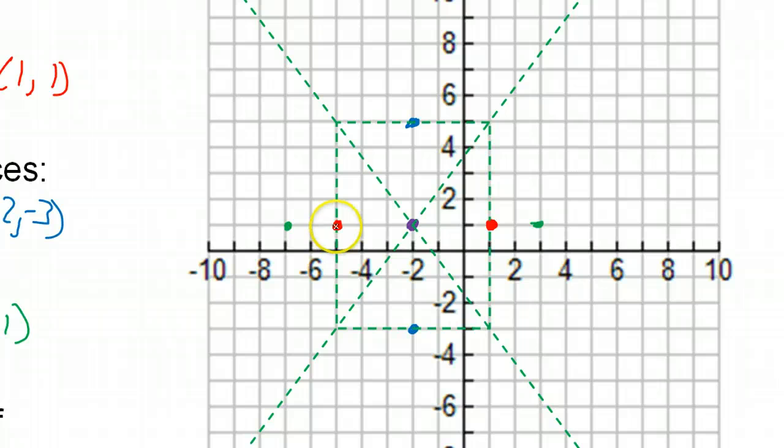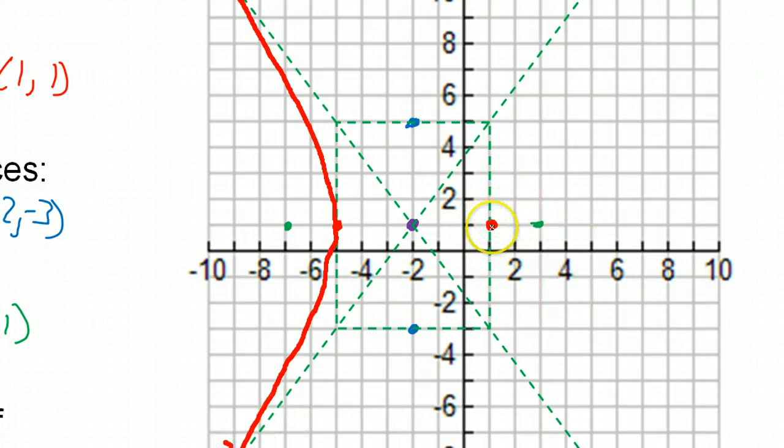So of course I'm going to start from the vertex and I'm going to approach the asymptote. It should be doing something basically like this. And it should be doing the same thing over here, getting closer and closer to the asymptote.